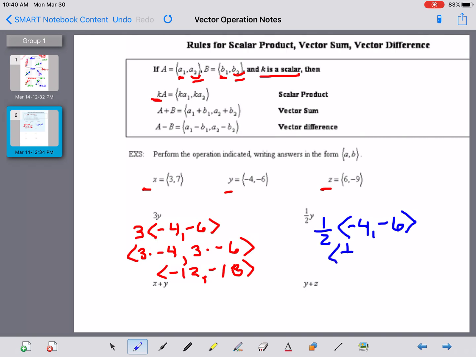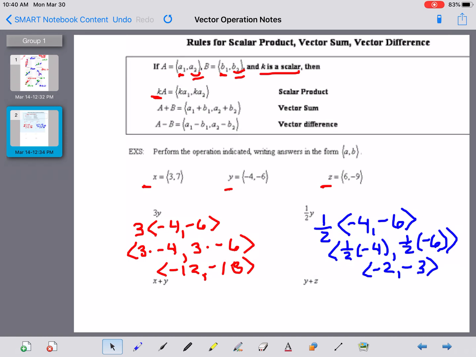So I have 1/2 times my -4. And I'm also going to do 1/2 times my -6. So 1/2 of -4 is -2. 1/2 of -6 is -3. And my new resultant vector is -2, -3. So that's the same scalar as we drew on our first 2 grids.